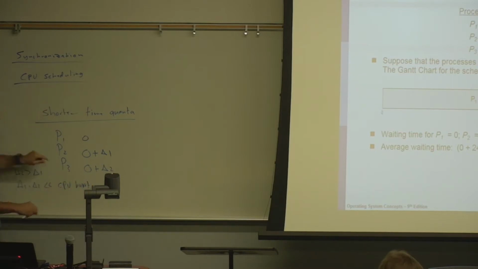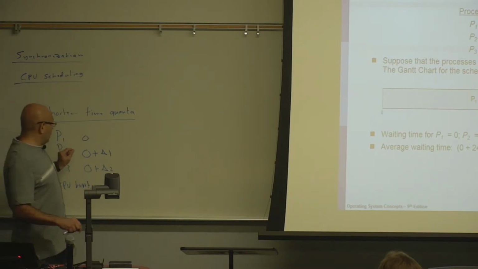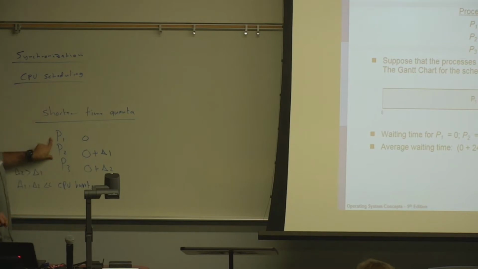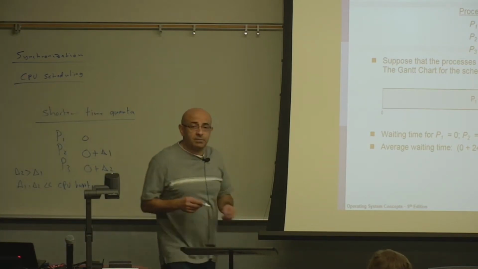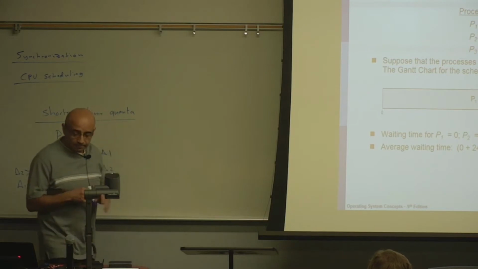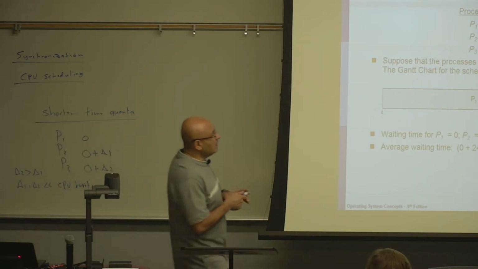So there are small deltas that distinguish between these processes in terms of arrival time, but these deltas are negligible when it comes to calculating delays, and negligible compared to the CPU bursts.